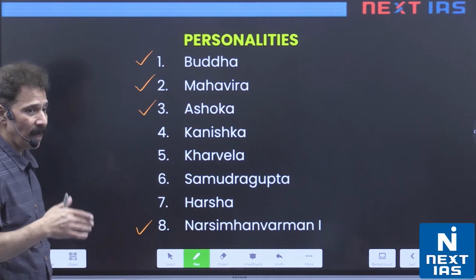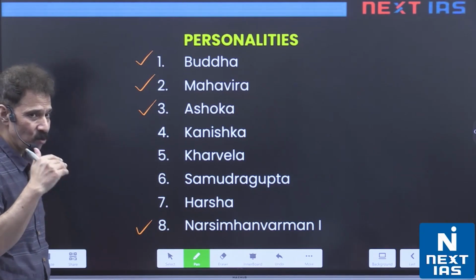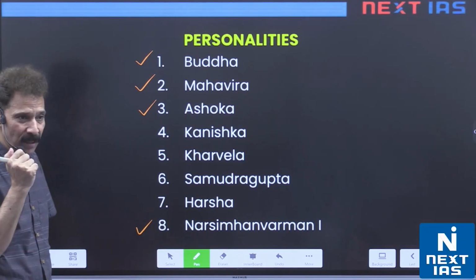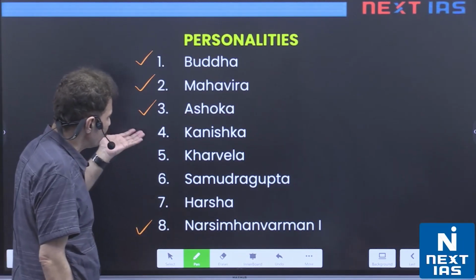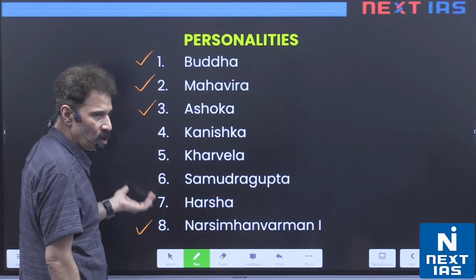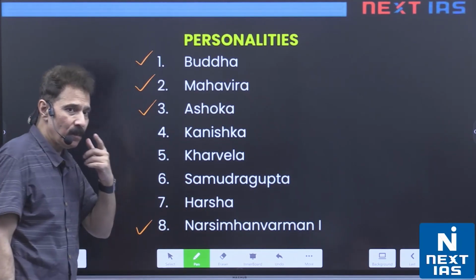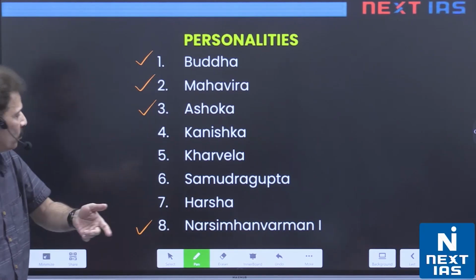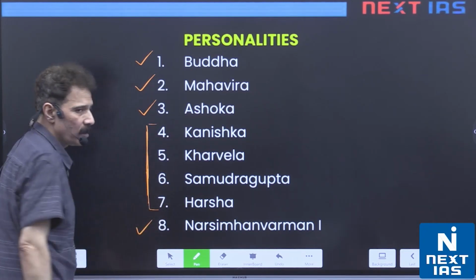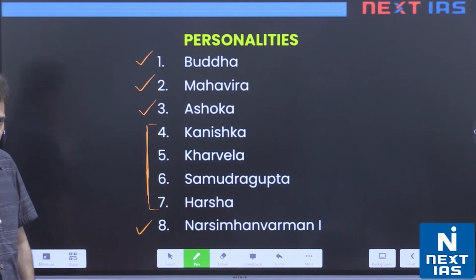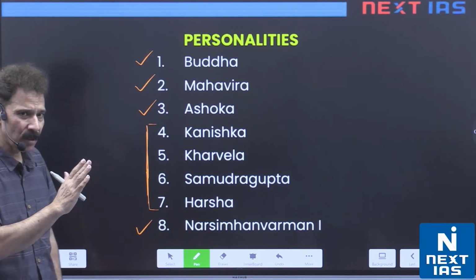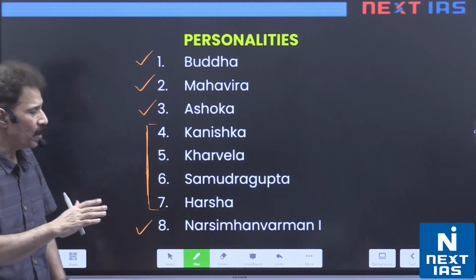Because the pattern has been changing, becoming slightly more complex, the popular things are losing significance. They are very popular, like traditional issues such as Kanishka, Kharvela, Samudragupta, Harsha. If you look at past year questions, you will find questions on these long back in the 70s, 80s, 90s. But from 2000 onwards and gradually 2010 onwards, there is no question on this.